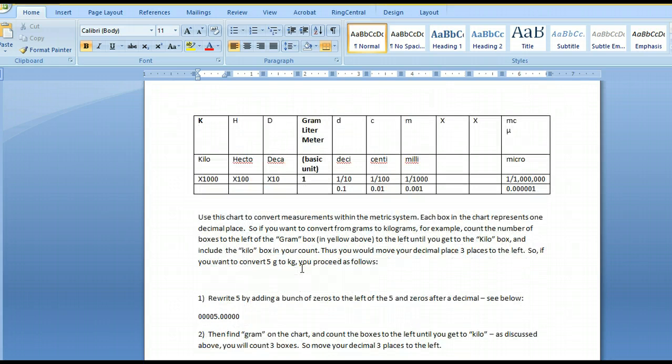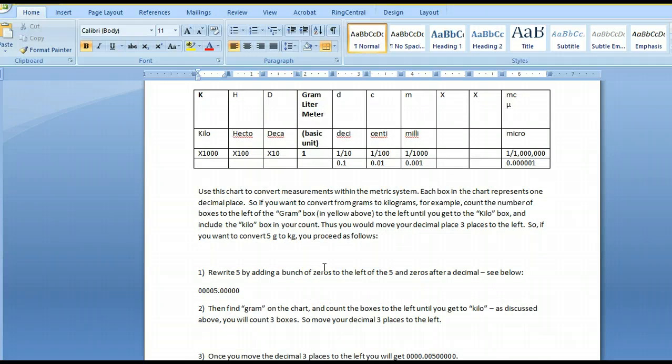As you can see, here is a document that is under doc sharing, and this document has a box here with different metric prefixes, and it's useful when you want to convert within the metric system. So if you want to convert grams to milligrams or microliters to milliliters, you can use this box to do it.